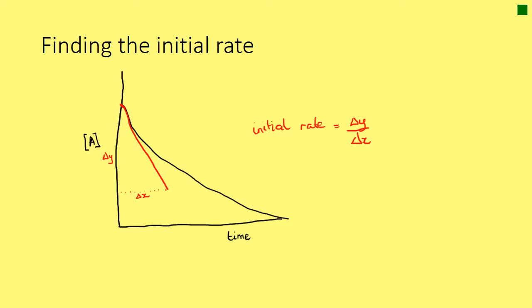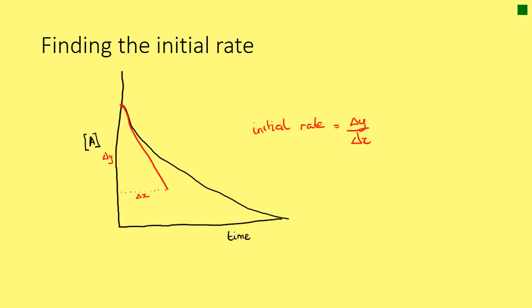And so the initial rate is going to be the gradient of that tangent at the initial conditions. So it's going to be delta y over delta x. And that is the initial rate of this reaction.